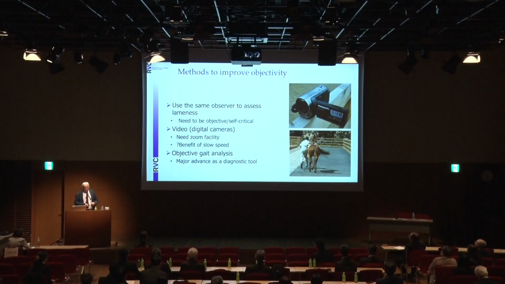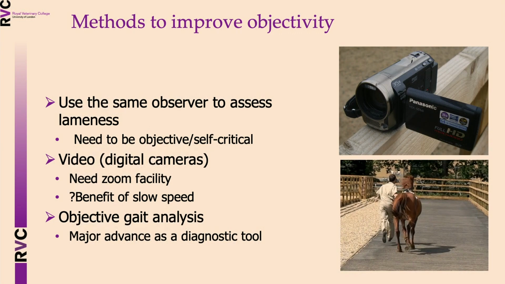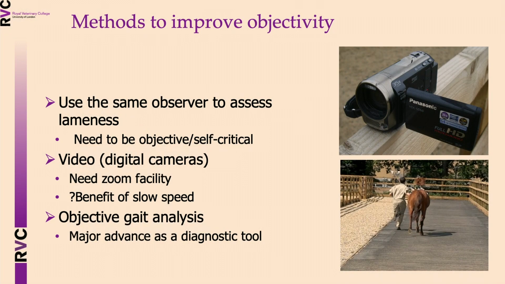So we need ways in which we can improve objectivity. The logical thing, of course, is to use the same observer to assess lameness, and you need to be as objective and self-critical as possible of what you're looking at whenever looking at a lame horse. But we know this still produces inaccuracy.